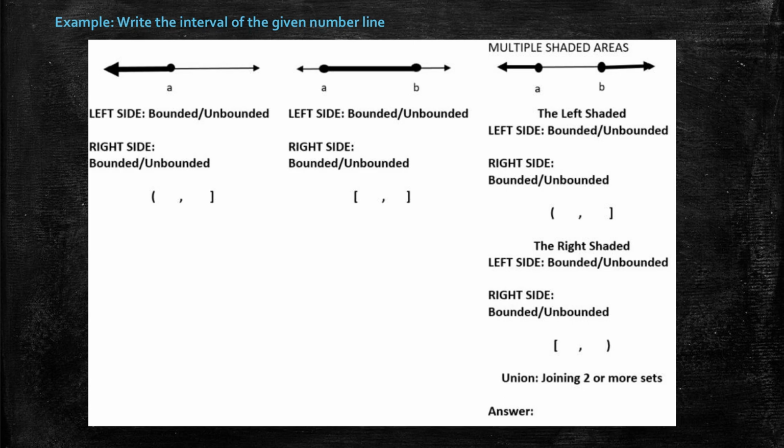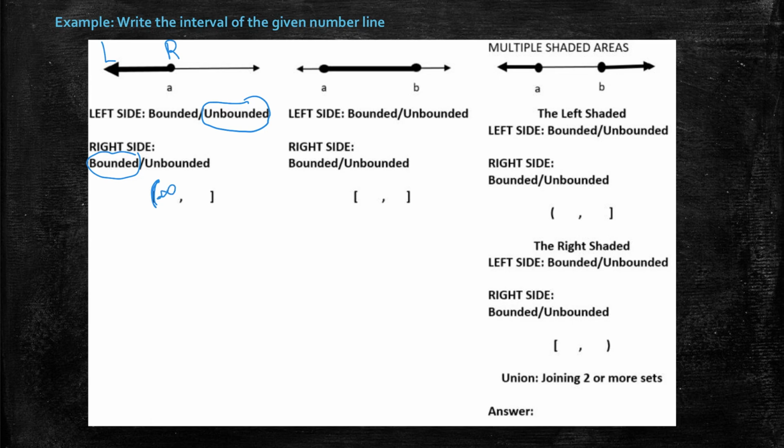So let's look at the different types of intervals that you could have. In this first one, on the left side it's unbounded, but on the right side we consider that bounded because it stops. So for this, you're going to have a parenthesis on the left, and honestly, that's going to be your negative infinity.